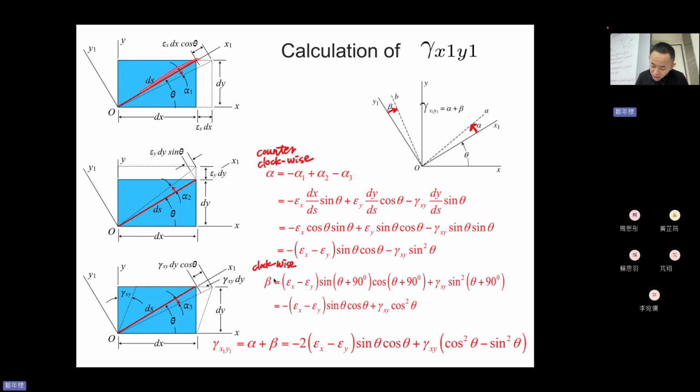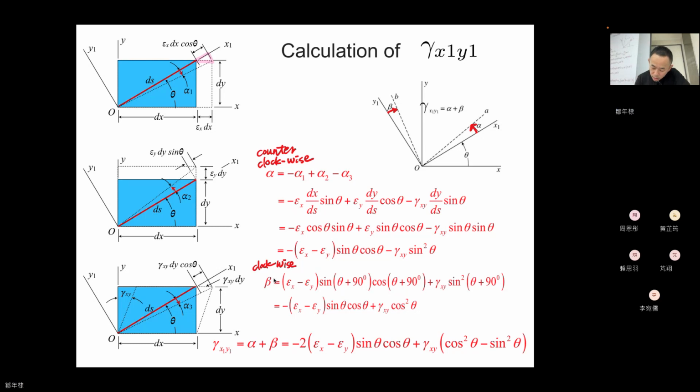So this ds becomes this dashed line, which means the angle change in x1 is this small arrow. And how can we get that? We can get that by using this triangle, right?